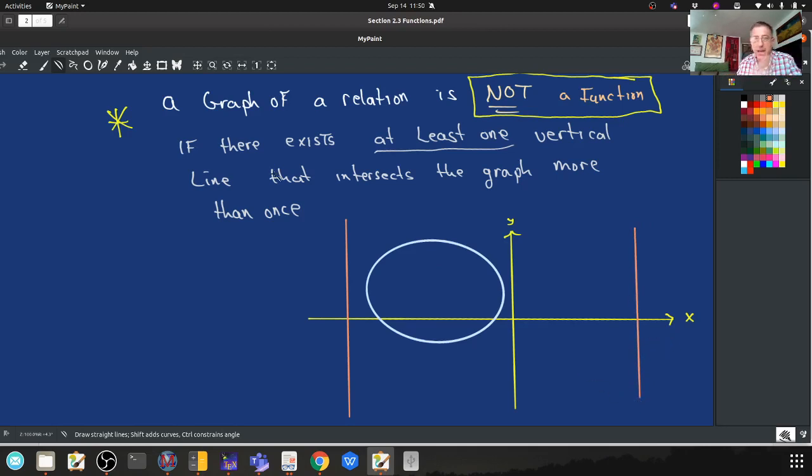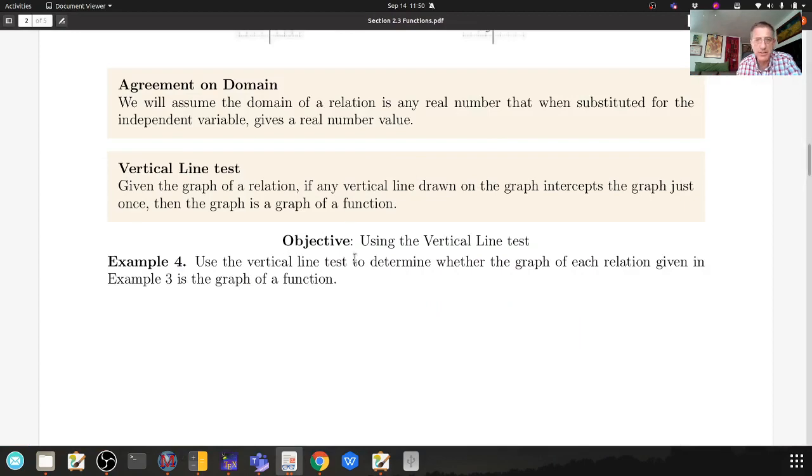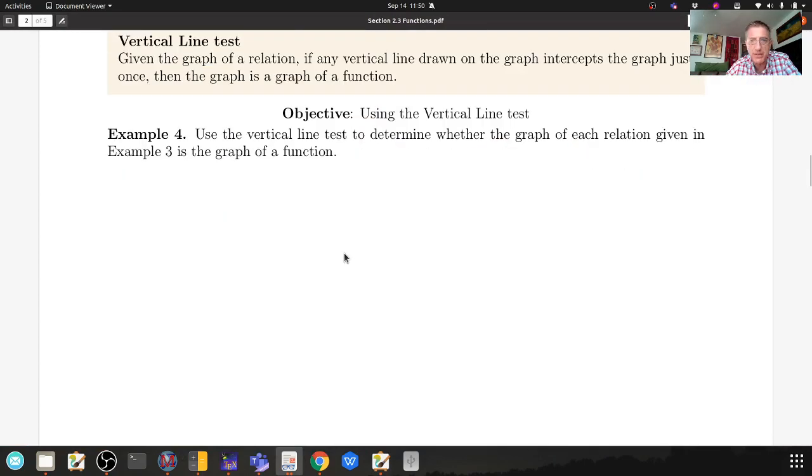But that doesn't matter, because it says if there exists at least one vertical line that intercepts the graph more than once, and right here I drew one, it intercepts the graph right there and right there, so that's twice, then the given relation is not a function. I think that's a much easier test. The definition I give here is, I'm sure, the exact one they give in the book.